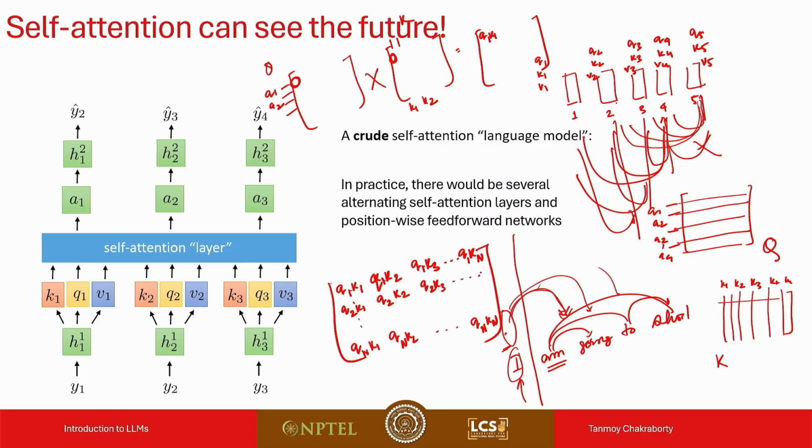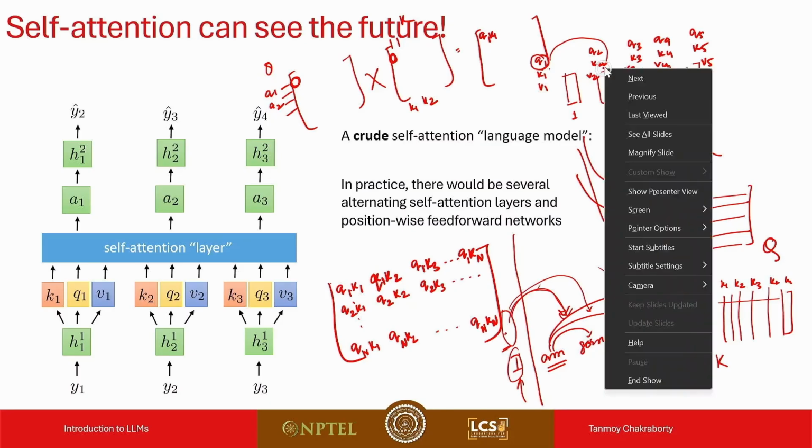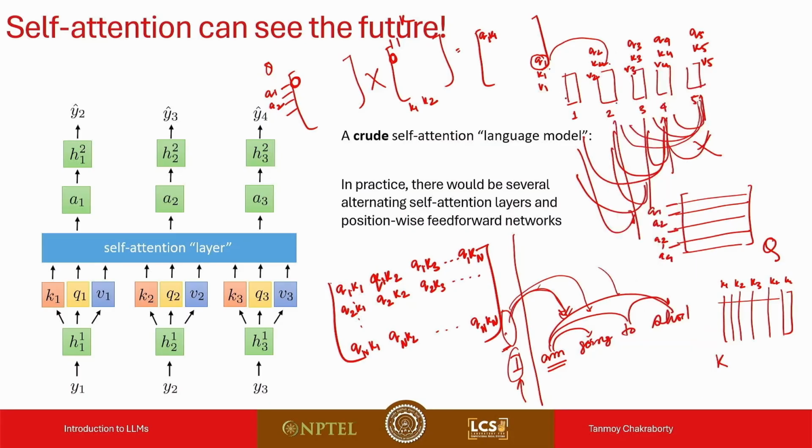Look at here. Is it allowed for the Q1 to get multiplied with K2? No, right? Q1 is not allowed to be multiplied with K2 because K2 is the future state with respect to Q1. So this is not allowed. This is also not allowed. This is also not allowed. Only this is allowed.